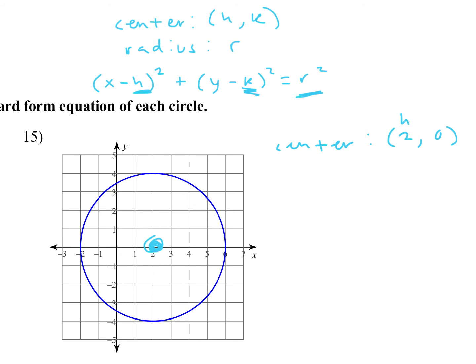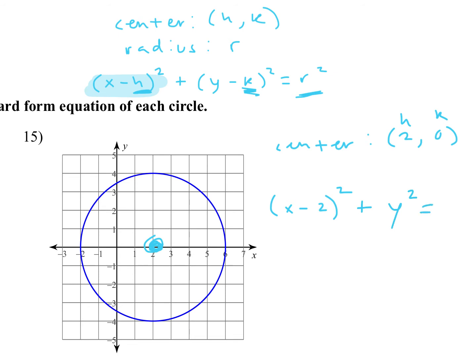That means 2 is our h, 0 is our k. So we have x minus 2 squared, because look at how our formula is minus, so it becomes minus 2, even though it was a positive 2. And then we have y minus 0 squared. Whenever it's minus 0, you don't even have to put it, you would just put y squared.